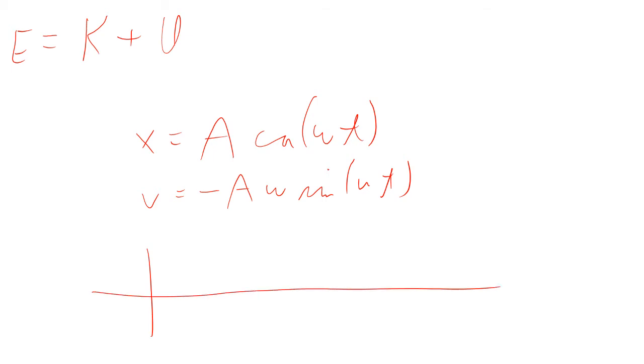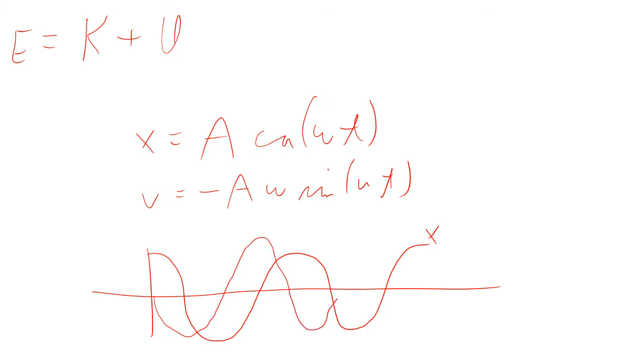If you were graphing this, x looks something like that, and v would be minus sine, so it would look something like this. So that would be the v.